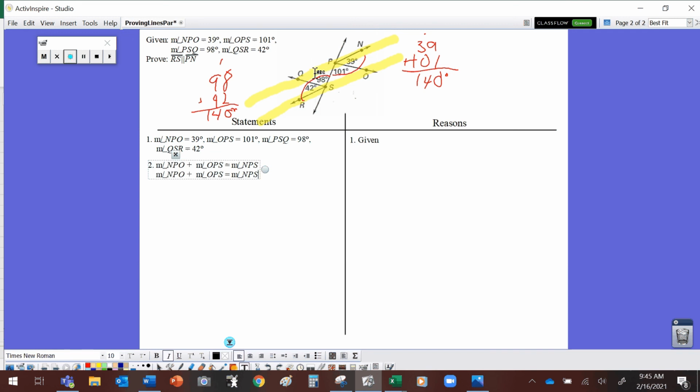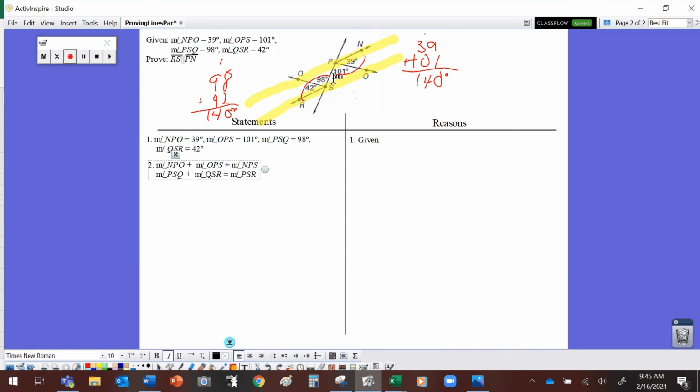Okay, I need to change those angle names a little bit, so we'll say angle PSQ. Okay, that's this one, the 98 degrees. We'll say angle QSR. Okay, that's this little 42 degrees, and if I add those together, that's equal to the measure of angle PSR.